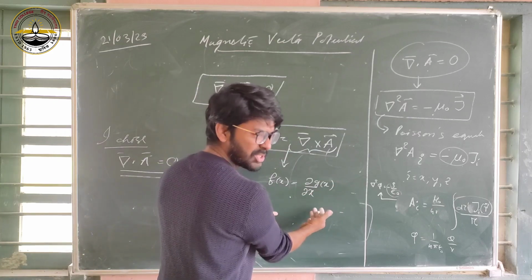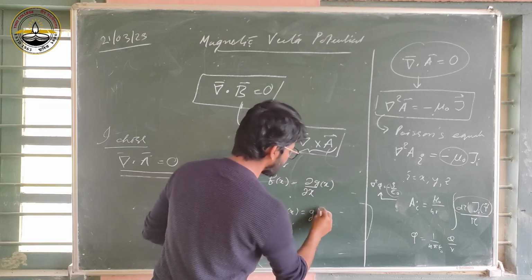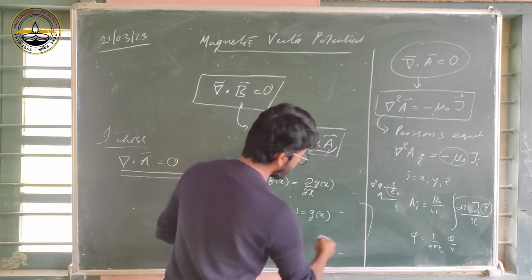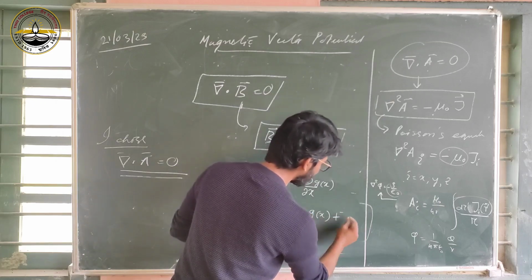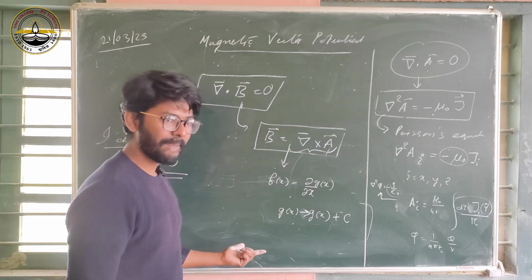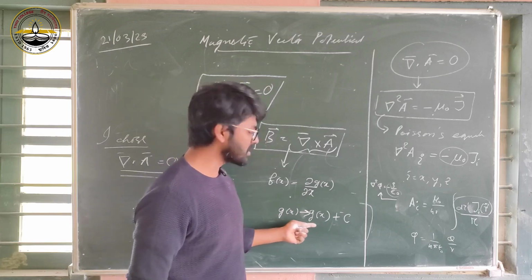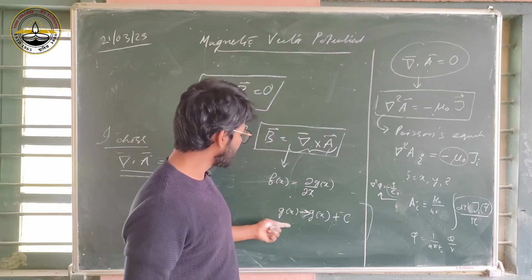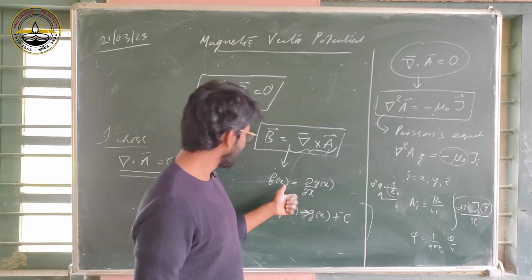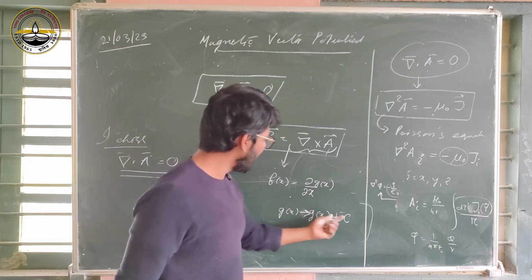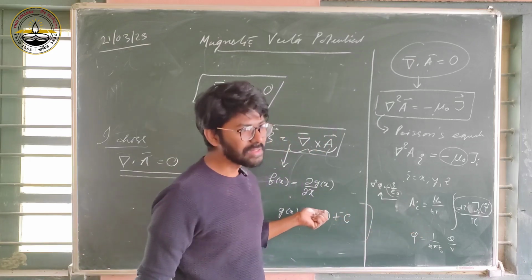What does that tell you about gx is that you can change this by adding a constant term that does not depend on x. And now if you take del x of gx, it will be again del g by del x plus del x of c, which is 0. Again the same effects you will get, right? Any constant you add or any function of y, and it still will be the same effects.